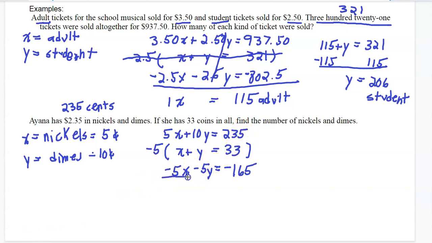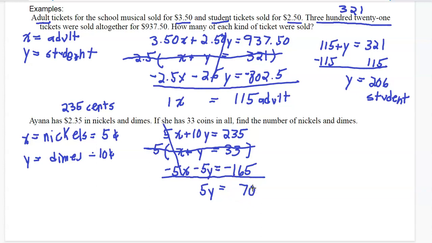Now I can go ahead and add my equations here. I don't have this one anymore because I multiplied it through. 5x minus 5x cancels out. 10y minus 5y gives me 5y. And 235 minus 165 gives me 70.